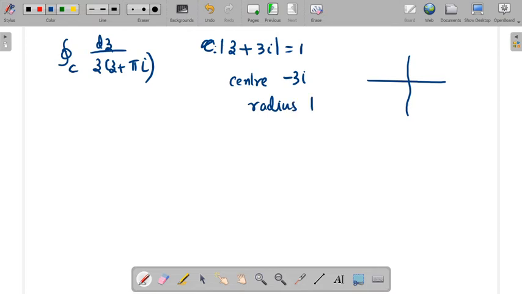So minus 3i means x is 0, y equal to minus 3, and the radius is equal to 1.